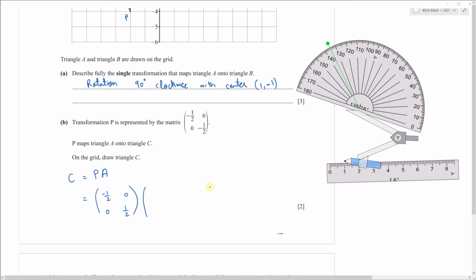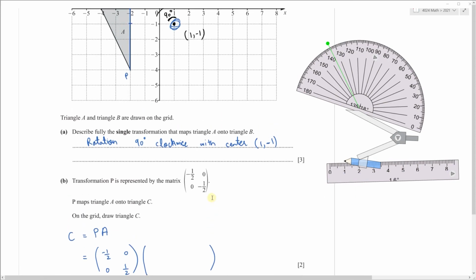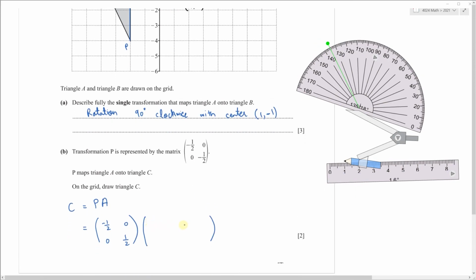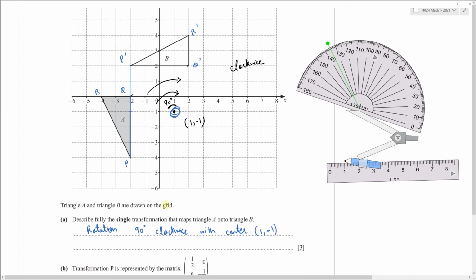And triangle A is given, so we can write the x coordinate and y coordinate of all the three vertices of triangle A. Let me just erase all of this.